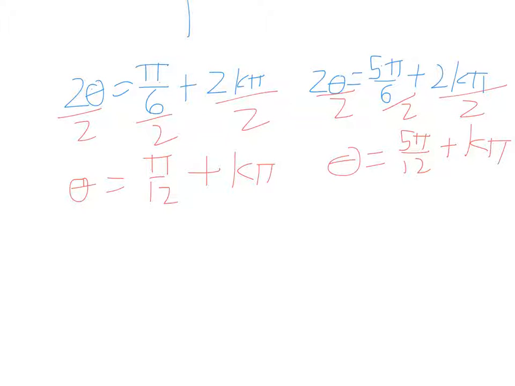So now we need all the angles from 0 to 2 pi that we can generate from both of these equations.